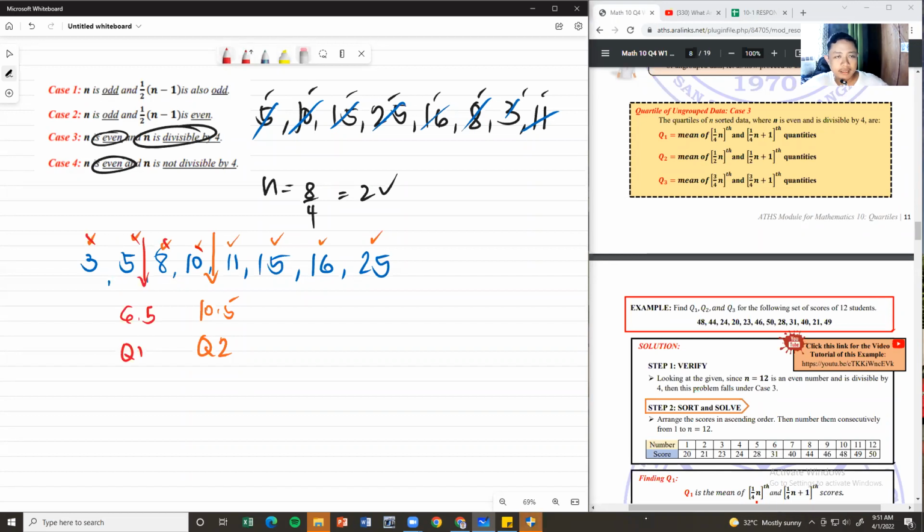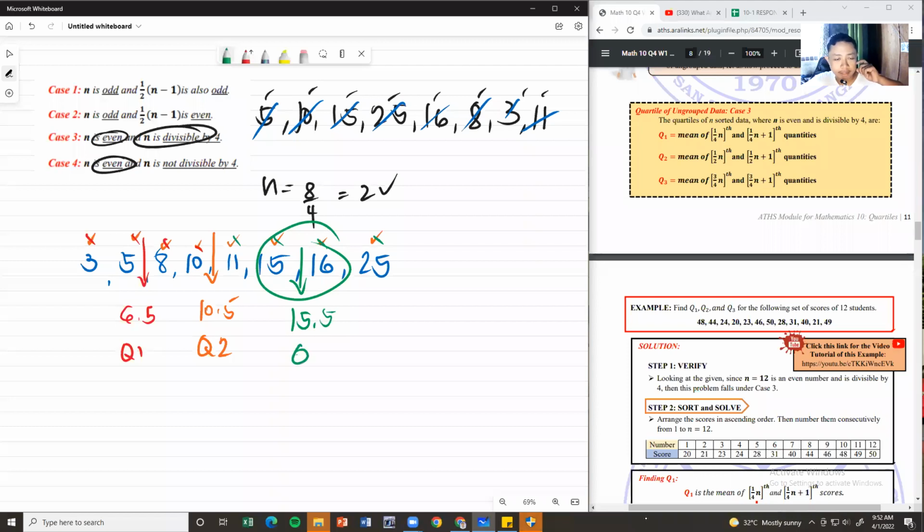And then finally, for our quartile 3, all we need to do is to balance again the remaining numbers here. So we have 11, 25, 15, 16. Again, there's no middlemost term, so we have to get the average of the two middlemost numbers. So 15 plus 16 divided by 2, that's 15.5.